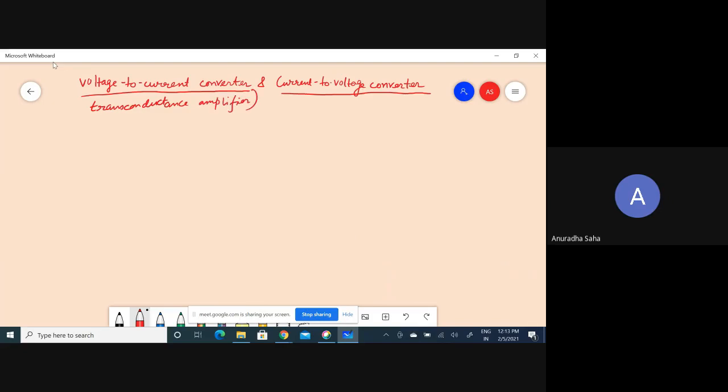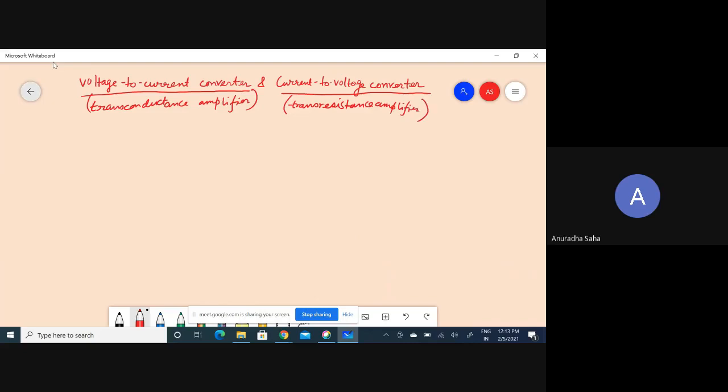This is a special name it is given. This is a transconductance amplifier, and similarly the current to voltage converter is called a transresistance amplifier.